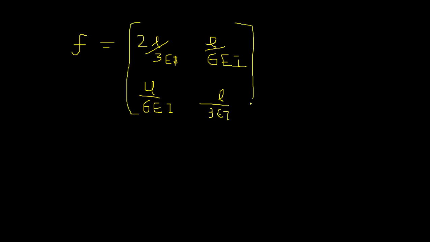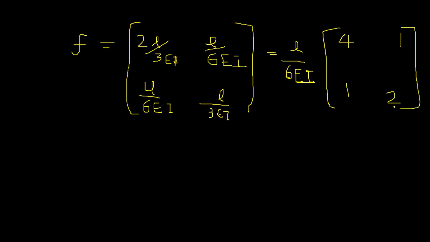So you can take the common term out. What's that? L over 6EI. In such case, the inside term would be 4, and it's 1, 1, this is 2. So you can make it K and put it back. So F is going to be 4K. You again push it inside.